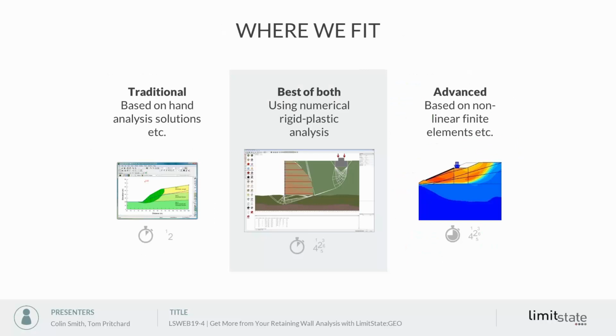Well, we focus on tools for ultimate limit state analysis, and this really allows us to provide products that combine the speed, ease of use and simplicity of traditional methods, but give us all the flexibility of finite element type methods to handle any problem geometry. Because we're focusing on ultimate limit state, the only parameters we require are generally cohesion, friction and unit weight of our materials, and a few other properties for particular special cases. So that's a very quick introduction.